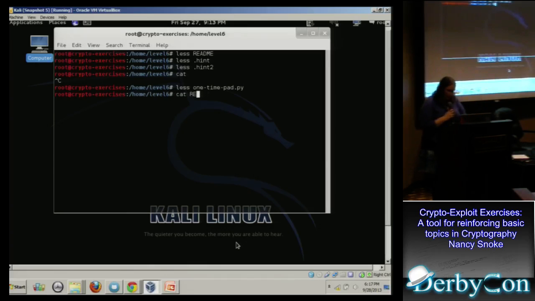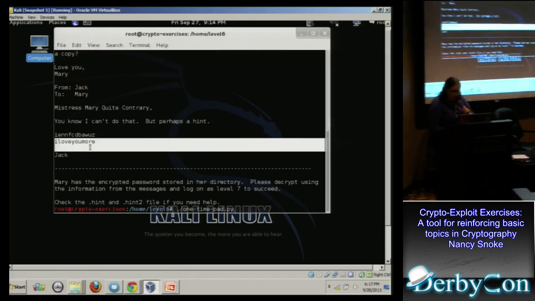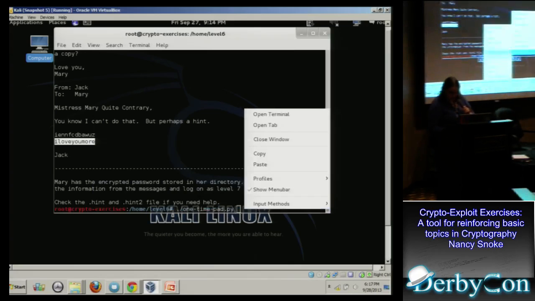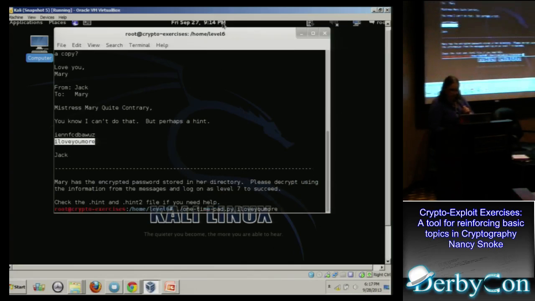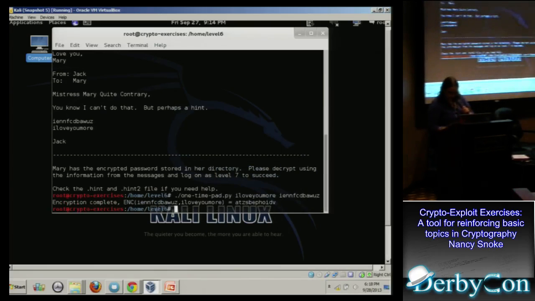But yeah, we can get the first two runs and get the one-time pad back. Okay, so that's the one-time pad.